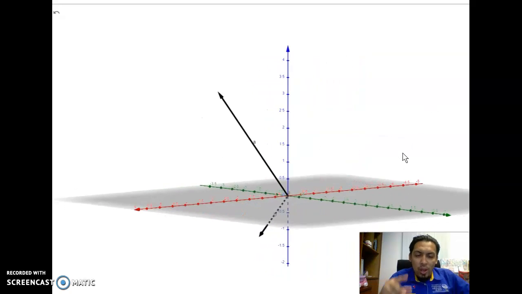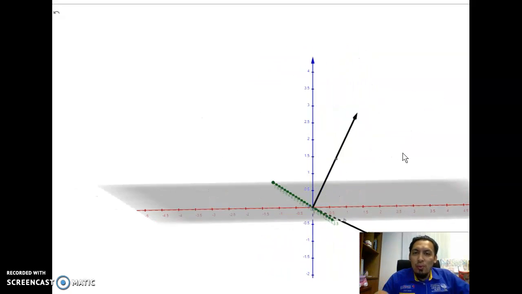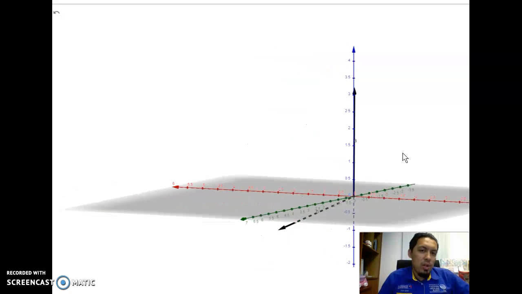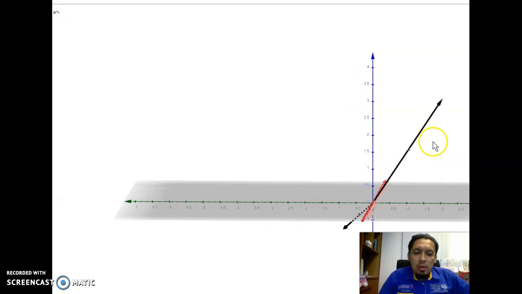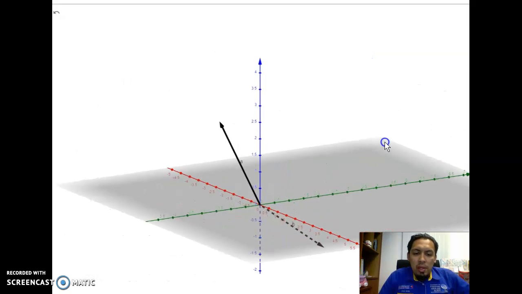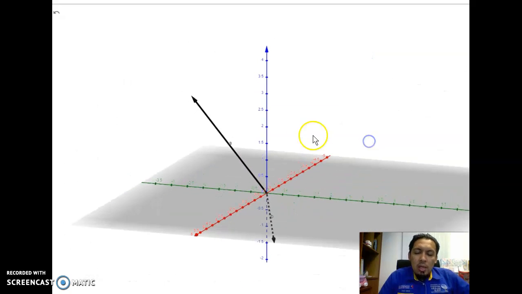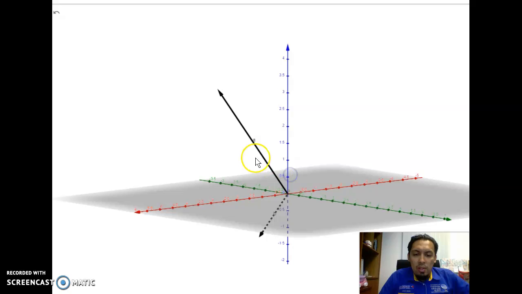So where do you think the new vector will appear when we conduct a cross product? Usually in application we want to find a vector pointing perpendicular to both of these vectors.